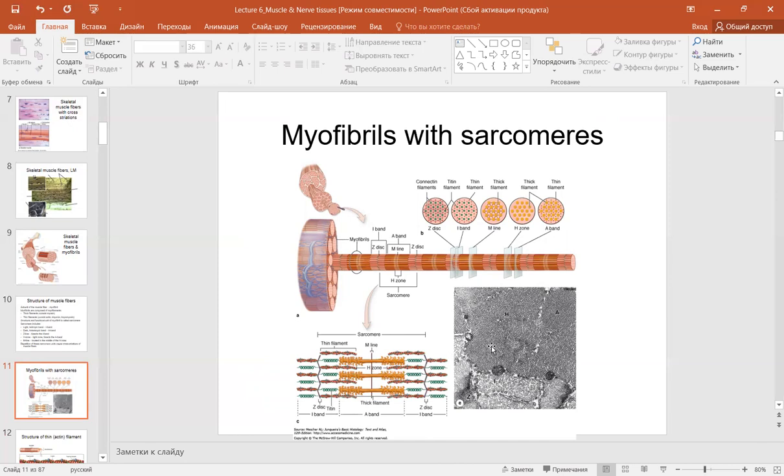Here are the microfilaments in cross-section in an electron micrographic representation. And these are the relationships between actin and myosin filaments at different levels of this myofibril being cut across.